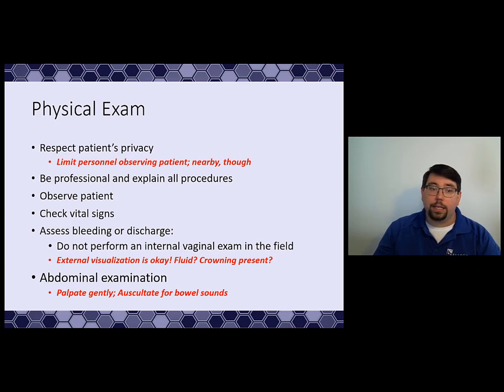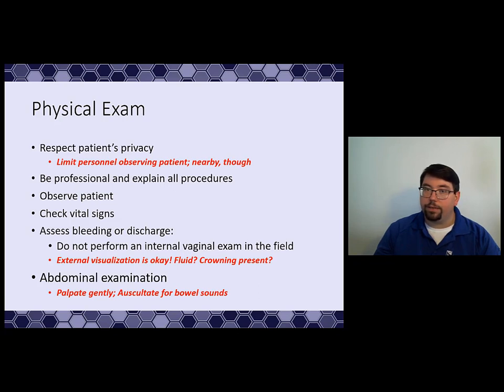We also want to identify if the patient is having any type of vaginal bleeding or discharge. First off, we never ever perform any type of vaginal exam in the field, ever. But it may be necessary for us to do an external vaginal exam by doing only visualization.